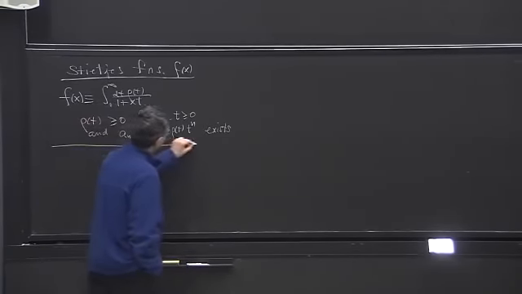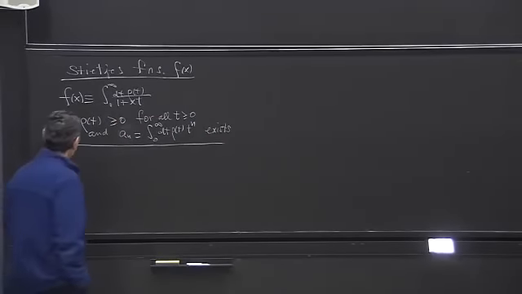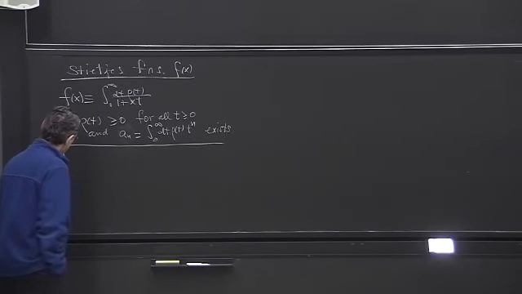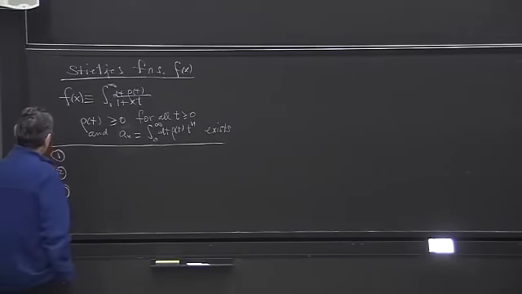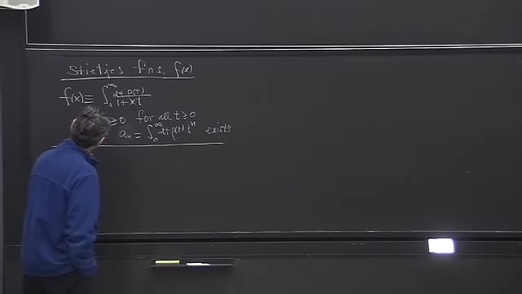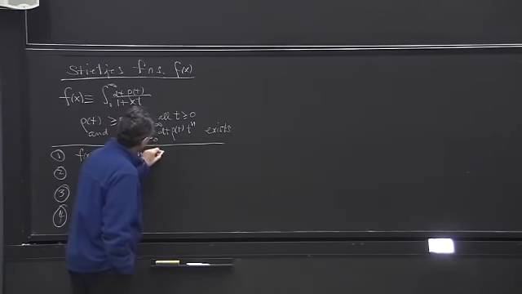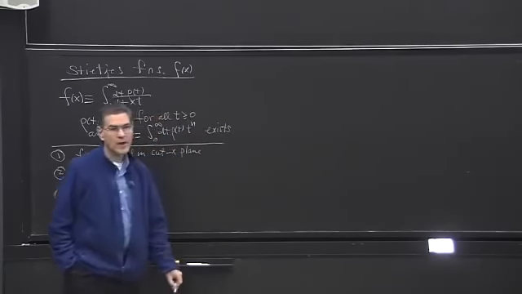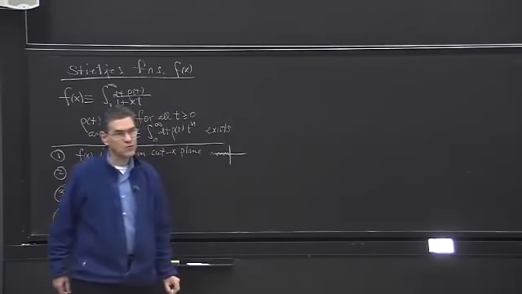A Stieltjes function has four properties. That's what I was saying to you right at the end of the last lecture. The first property is that f of x is analytic in the cut x plane, and that means with a cut running down the negative axis.